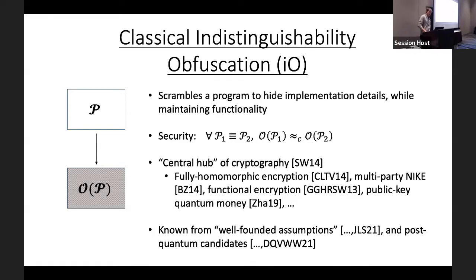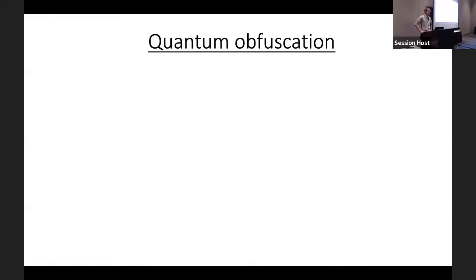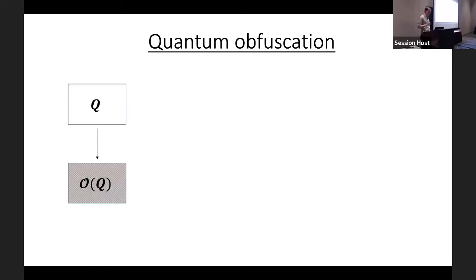Okay, so this talk today is going to be about a natural quantum analog of obfuscation. What if our computer program P is not classical, but a quantum program? For example, maybe it's just a description of some quantum circuit, and we want to apply a compiler to that circuit to obfuscate it, to encrypt everything about the circuit except for its functionality.